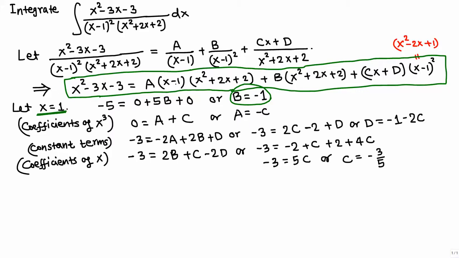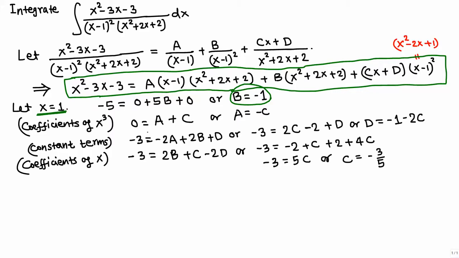In the right side, if we multiply this out, x times x squared gives a x cubed, so a is there, and that's the only x cubed term in the first part. There is no x cubed term in the b term, and if we multiply out x minus 1 squared, which is x squared minus 2x plus 1, then c x times x squared gives c x cubed, and the coefficient of x cubed would be c.